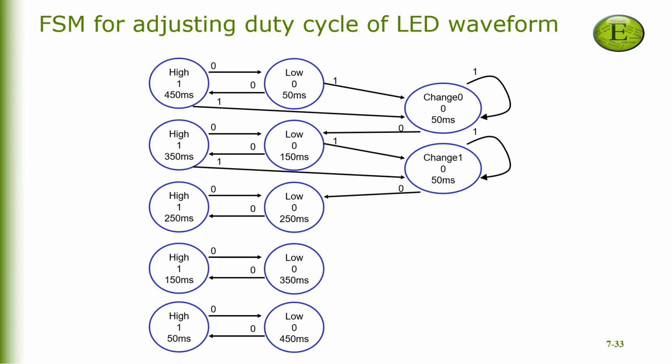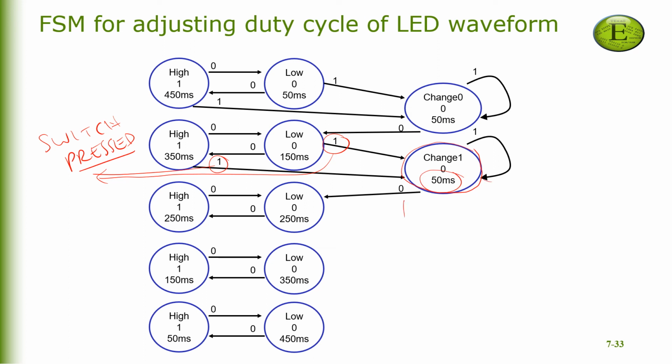Then to go from this state to the 50% duty cycle states, we add a transition state over here that is again reached whenever the switch is pressed. So this again corresponds to the switch pressed. And if the switch remains pressed for more than 50 milliseconds, we stay in that state.